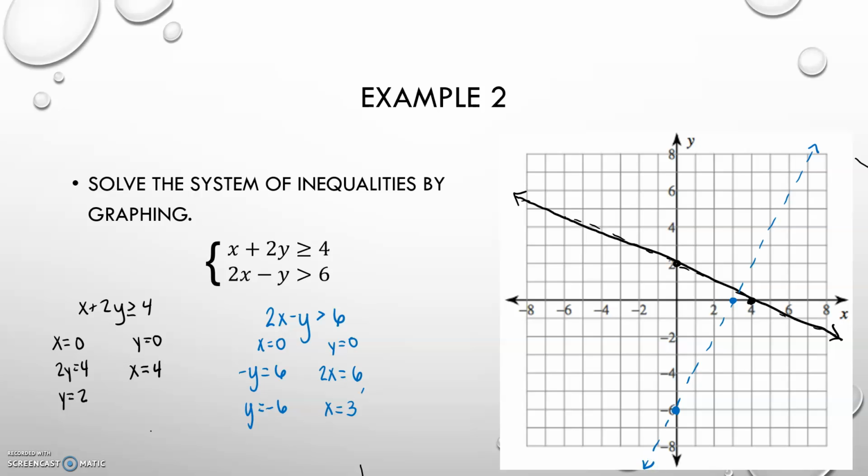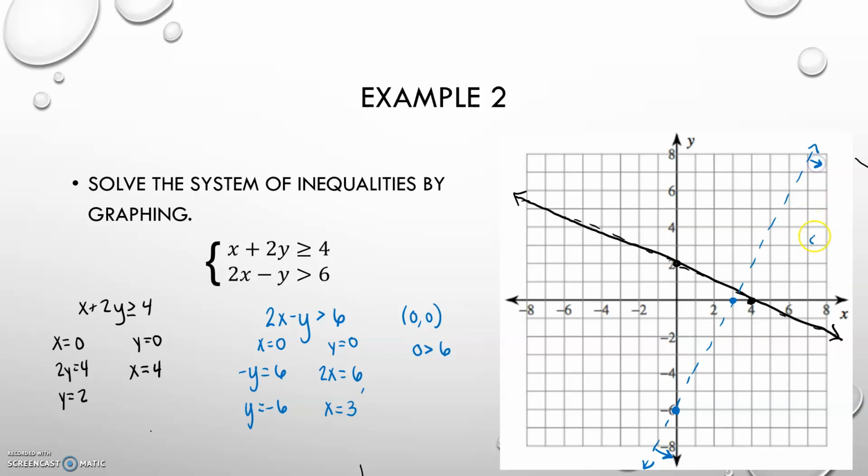All right, so if I find my x and y intercepts, if I find my ordered pair and plug that in, if I'm using 0, 0 here, it's super handy because I'll just get 0 minus 0. So I'll get 0 greater than 6, which is not true. So for the blue line, I'm shading this direction.